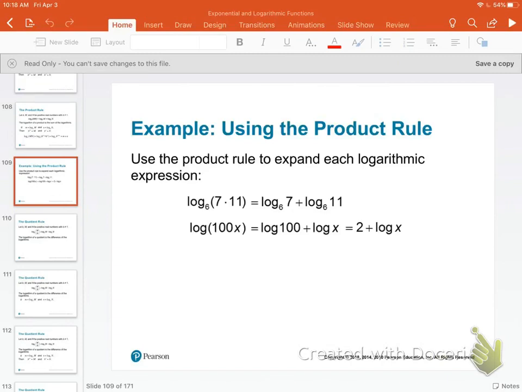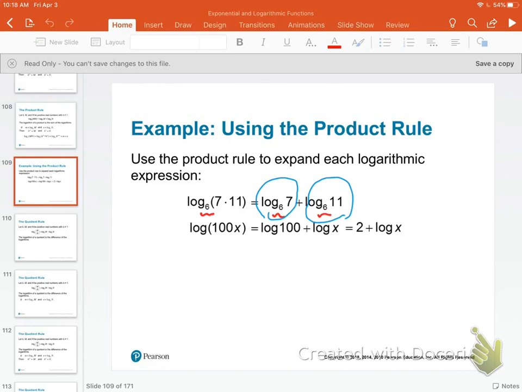These are two examples in the slides. We use the same product rule. Here the base is 6, and the product of powers is 7 times 11. So by using the product rule, we got log 6 of 7 plus log 6 of 11.